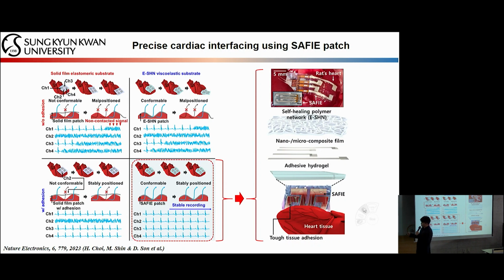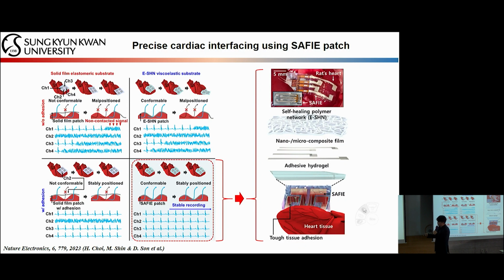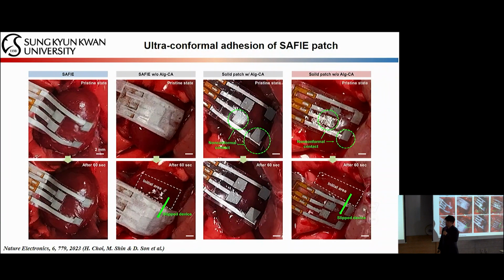As shown here, in our case, the patch with the tissue adhesion and network structure is highly effective in measuring precise on-site ECG signals without slip issues. So to prove what we assume, we prepared some control experiments.